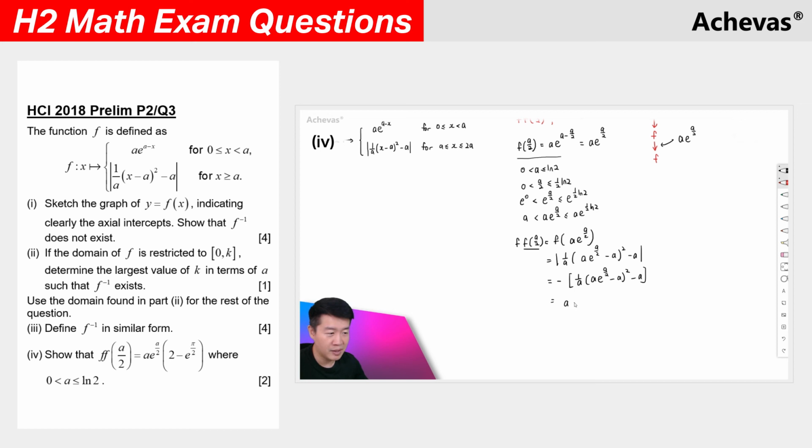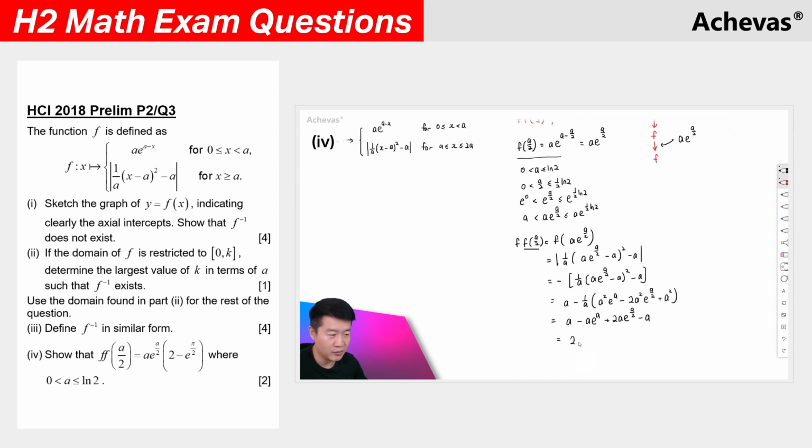So I'm going to write this first, minus 1 over a. I'm going to expand this, which will give me a squared e to the power of a minus 2a squared e to the power of a over 2 plus a squared, which is going to be equal to a, multiplying this in. I have a minus a e to the power of a plus 2a e to the power of a over 2, then minus a. So this and this can be cancelled.